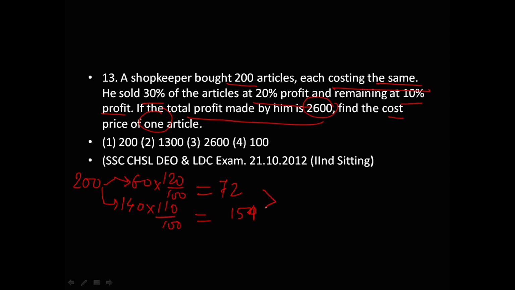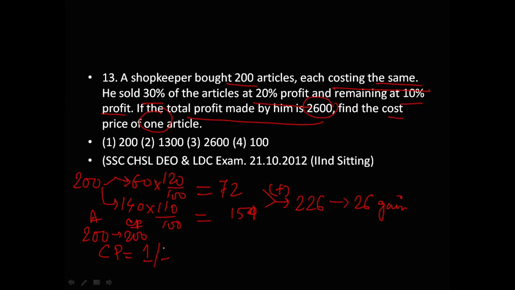If we sum it up, then it's 226. So what's the profit now? 26 is the gain. Actually, we assumed CP equals 1 for each of the 200 articles, so their CP is totally 200.